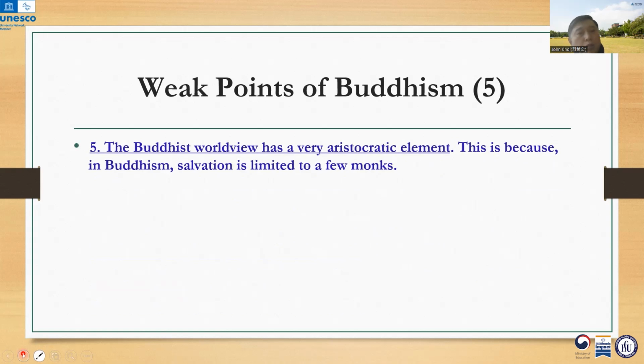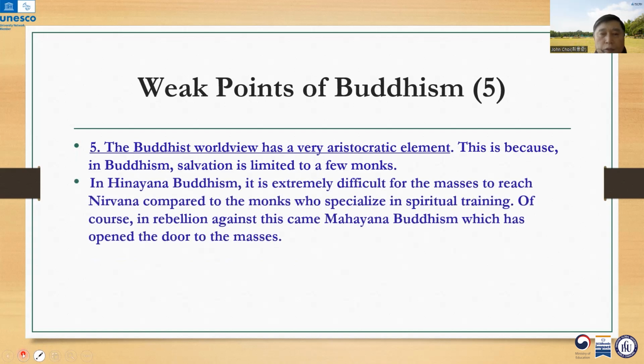Fifthly, the Buddhist worldview has a very aristocratic element. This is because in Buddhism, salvation is limited to a few monks, especially in the Hinayana Buddhism. So in this Buddhism, it's extremely difficult for the masses to reach nirvana compared to the monks who specialize in spiritual training.